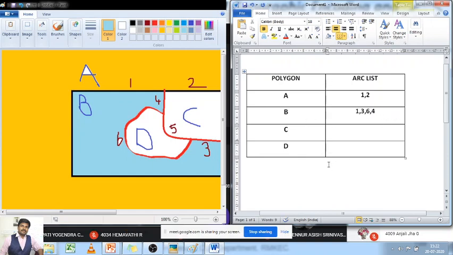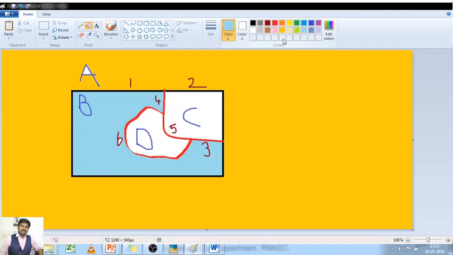And next one, for C, what will be the arcs? For C you have to concentrate on this perimeter area alone. Here it is 4, here it is 5, here it is 3, and this area is 2.